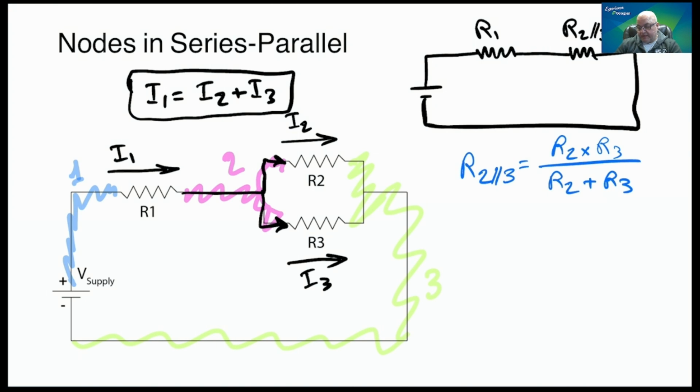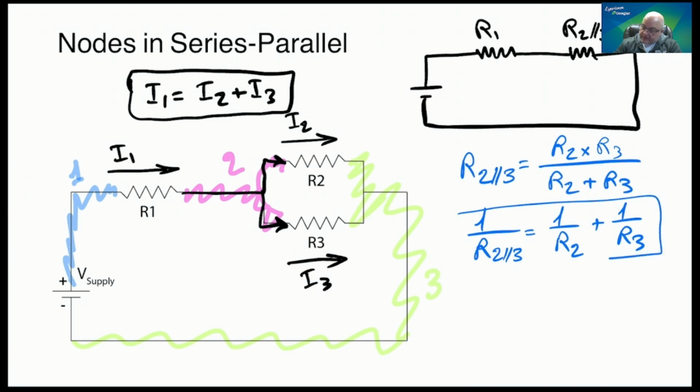This is one way to calculate two resistors in parallel. But if you had more than two resistors in parallel, you would say the equivalent of the resistors in parallel is going to be the sum of the inverse of every resistor there is. So in that way, you can use either one to calculate the equivalent resistance.